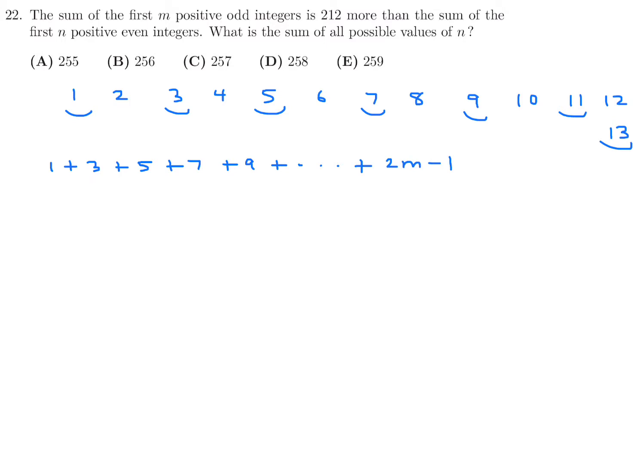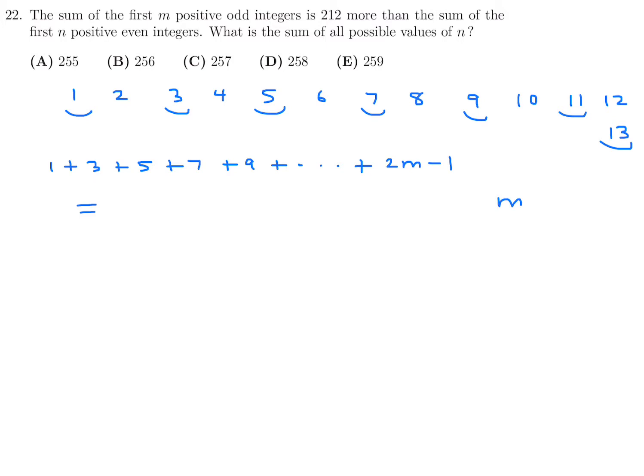So for example, if I wanted the first 7 odd integers, it would go up to 13, and that's why it's 2m minus 1. When m is 7, that becomes 13. Now, if you add these all up, it will always be m squared. And I'll explain why.